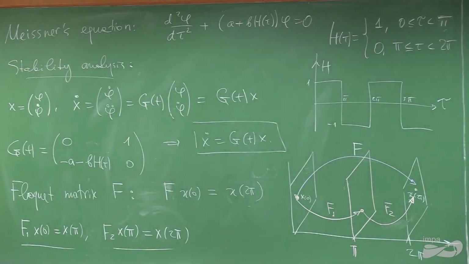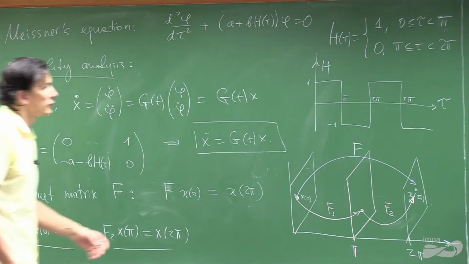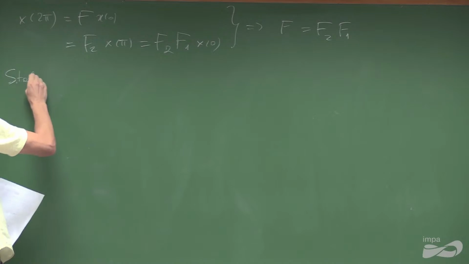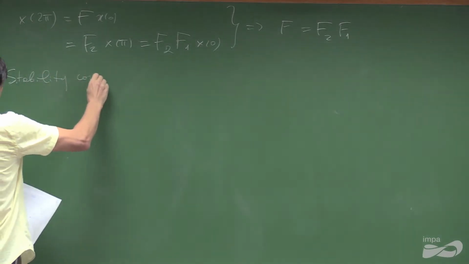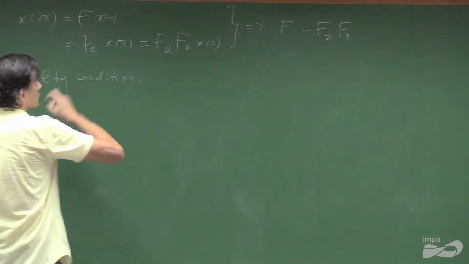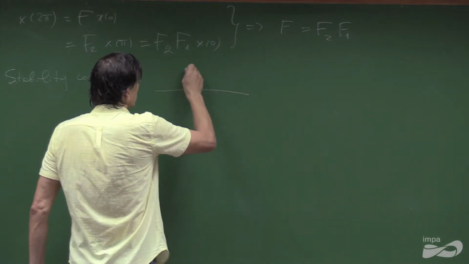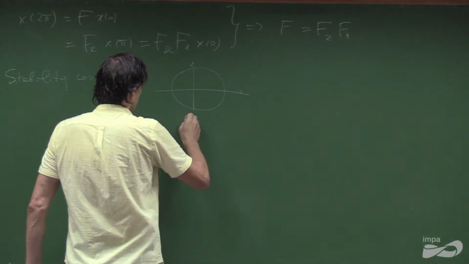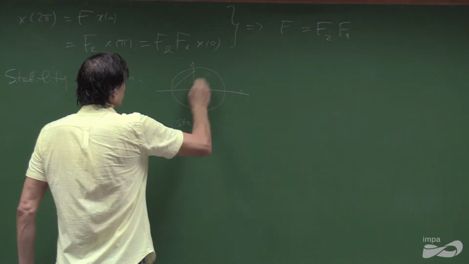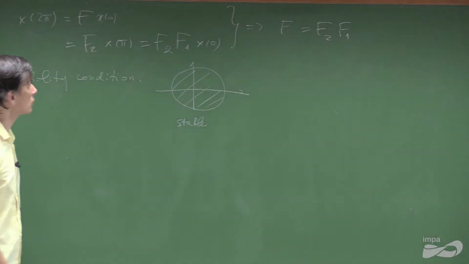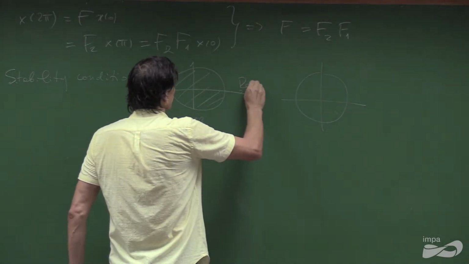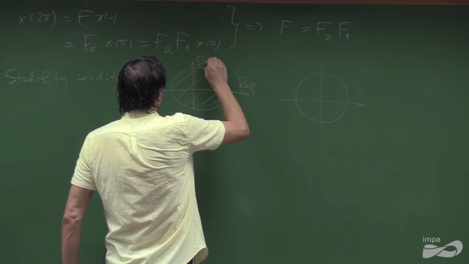And then the product of matrices gives us the Floquet matrix, and we also remember that the stability condition was about the eigenvalues of this matrix F. In the case of a stable situation, they have to be inside the unit circle. This is the real part of the eigenvalue, imaginary part of the eigenvalue.